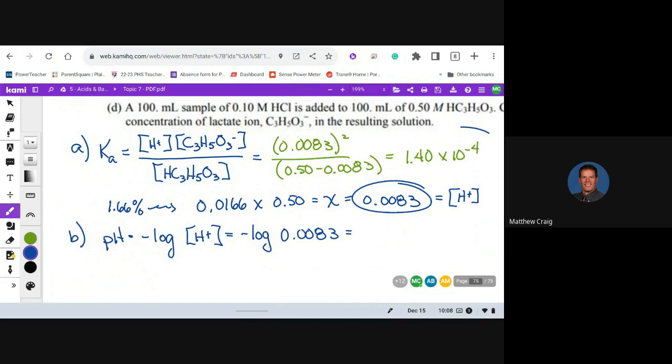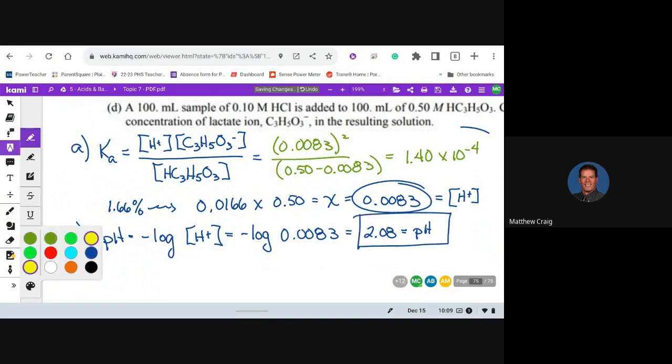So 2.08-ish. Okay, so there's our pH of our starting amount.